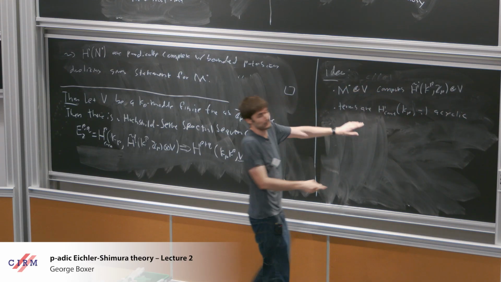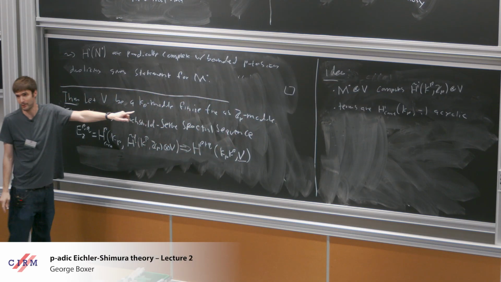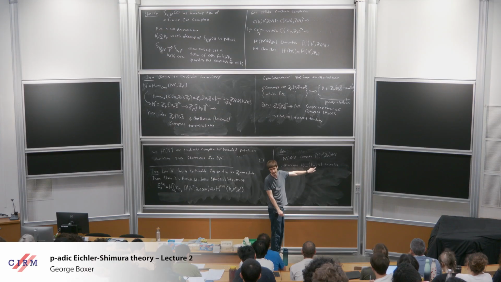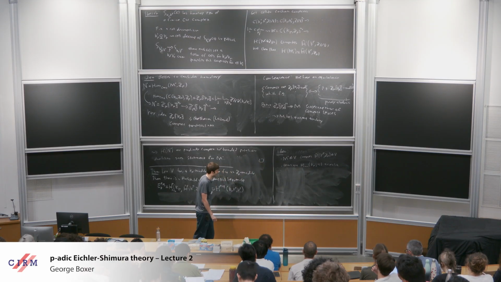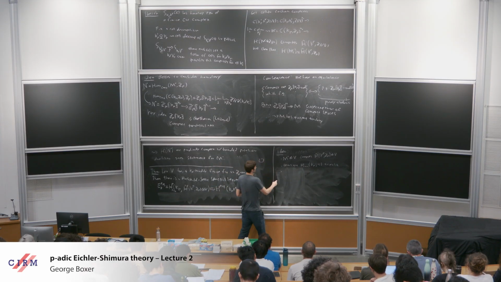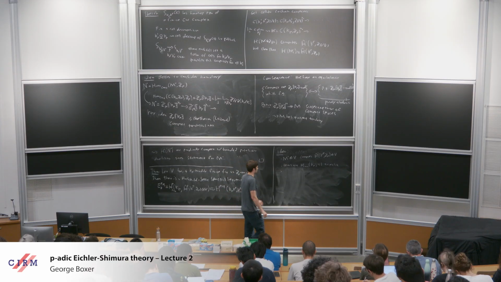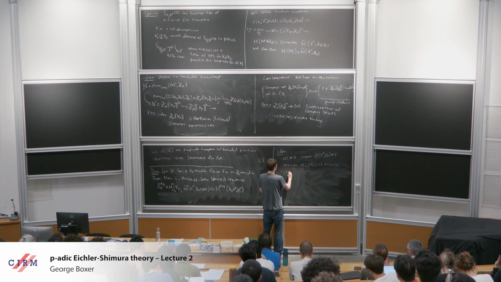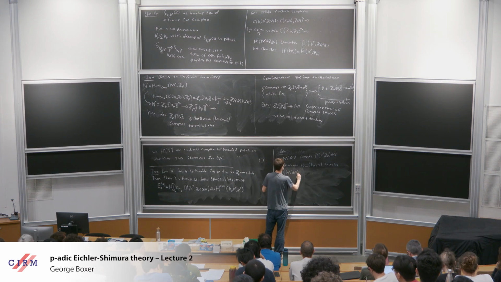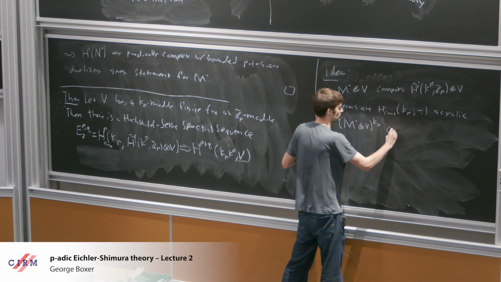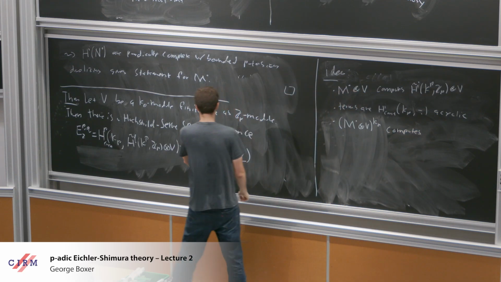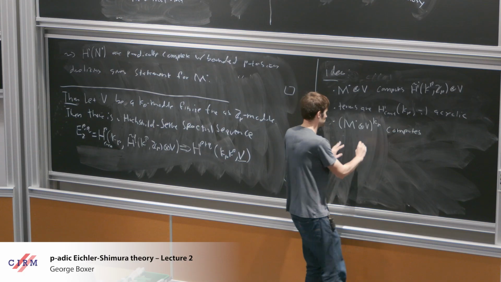And this is basically just because by some version of Shapiro's lemma, the space of continuous functions on KP is acyclic. And finally, if we take the cohomology of this complex, if we take the KP invariants, this computes this cohomology at finite level.